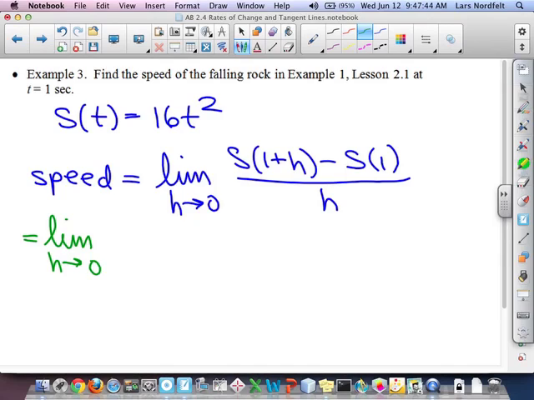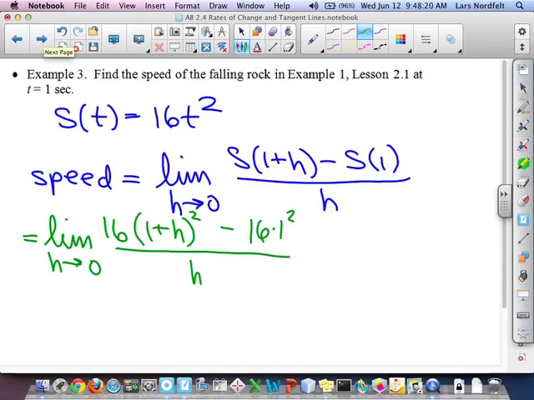Yeah, I wrote it there. Substituting in 1 plus h for t. Exactly. It's 16 times (1 plus h) squared. That's s of 1 plus h. s of 1 is just 16 times 1 squared. And we're dividing by h. Oh, this one's going to be easier than that last one.